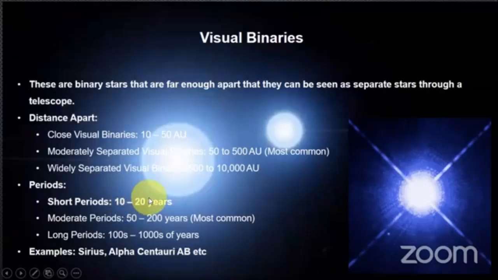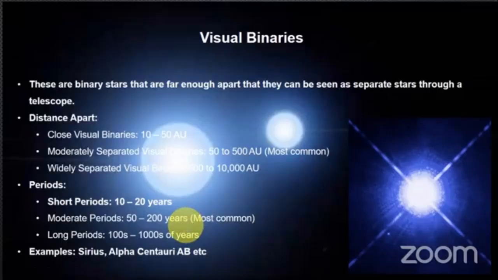So it means that it takes 10 to 20 years for each of the individual stars to make one complete revolution around each other. Then we have moderate periods corresponding to moderately separated visual binaries. The period is between 50 to 200 years. And we have long periods that correspond to widely separated visual binaries. So they range in hundreds to thousands.